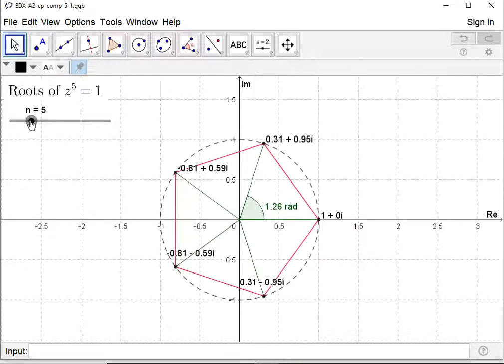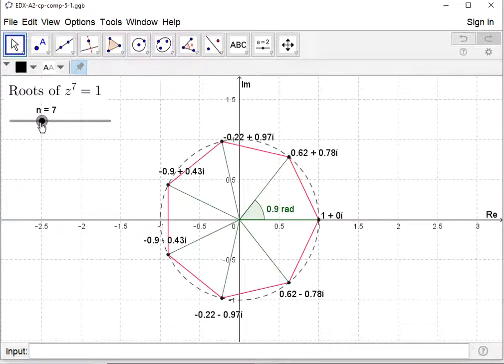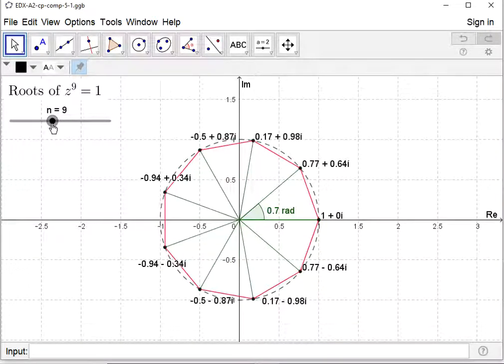There's only one real root there at z equals 1. At z to the 6 equals 1, we get 6 roots, 2 of which are real, z equals 1 and z equals minus 1, but they are equally spaced out around this regular hexagon. And every time we get a regular polygon. z to the 8 equals 1, we get a regular octagon, etc.